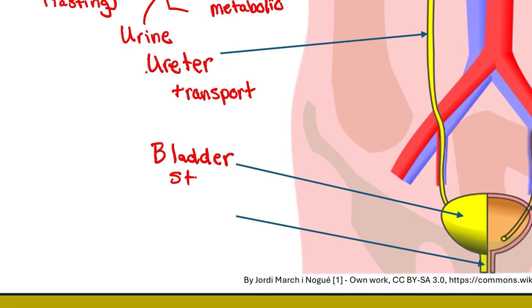So it's going to store the urine, and the final structure is the urethra. This is going to carry urine from the bladder to the outside of the body. So it's how we eventually get rid of that urine.